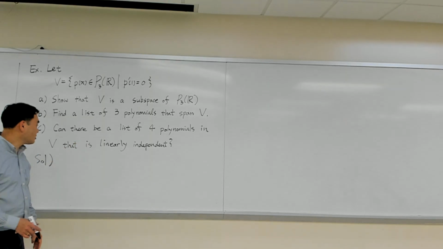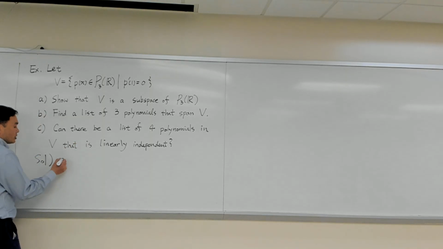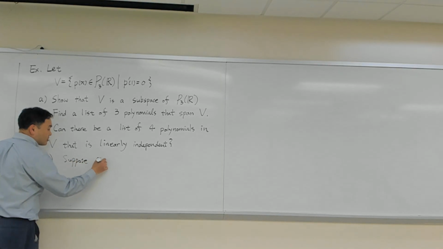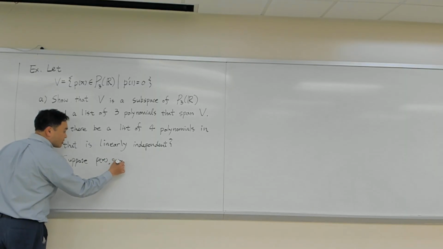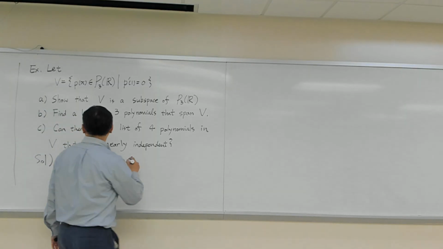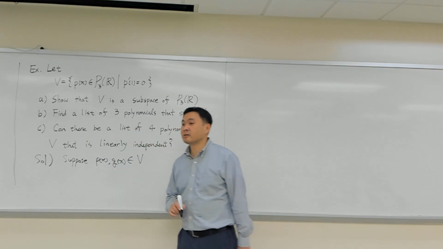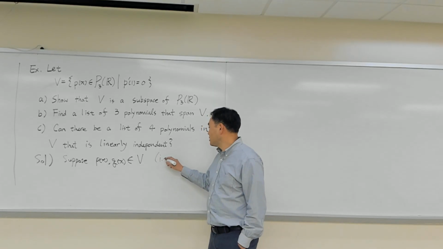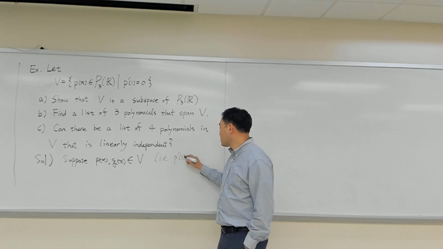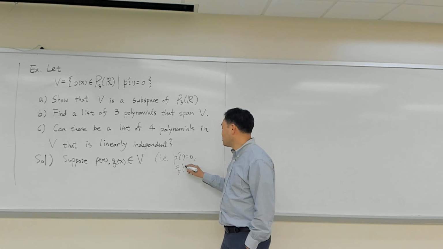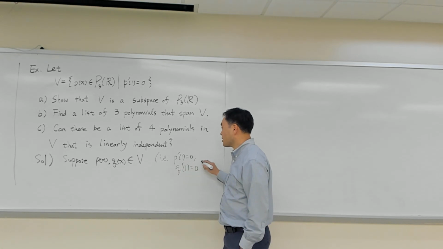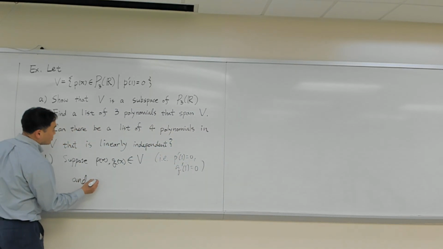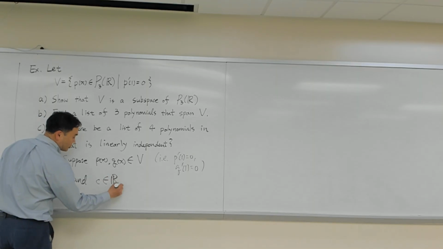Okay, so let's say suppose Px and Qx are 2 polynomials in V. So you have both P prime of 1 is 0 and Q prime of 1 is 0. And C is any real number.